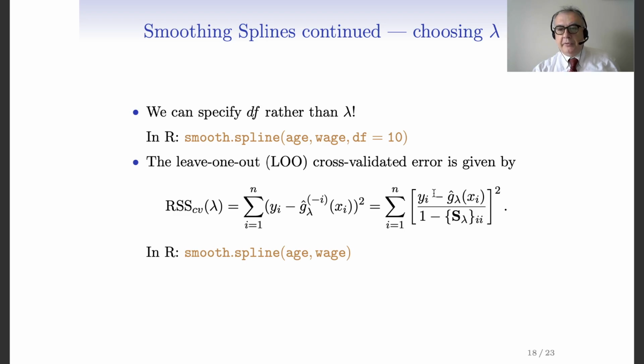Therefore you just perform one estimation for a given lambda, and by this formula you get the cross-validated error. Then you can iterate for different values of lambda until you minimize the cross-validated error, and at that point you will have the optimal lambda that you want to use.